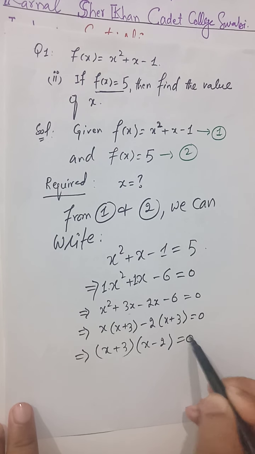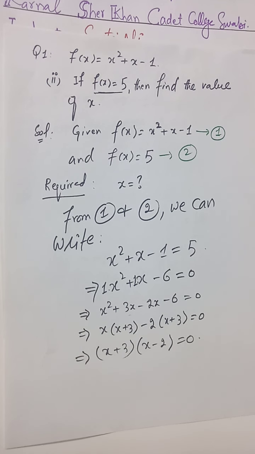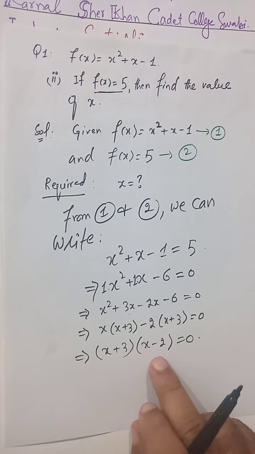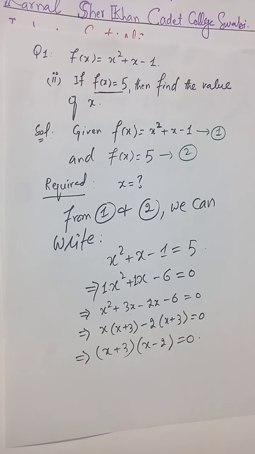Remember here, whenever the product of two numbers or two variables, or two factors, is equal to 0, at least one of them must be 0. So here you see that the product of x plus 3 and x minus 2 is 0. So at least one of them must be 0.